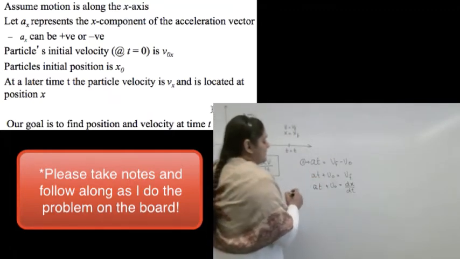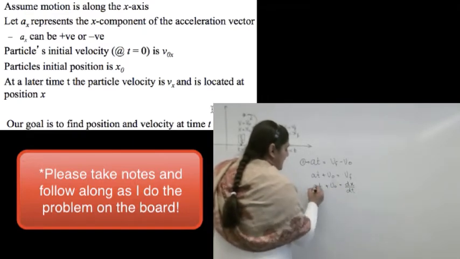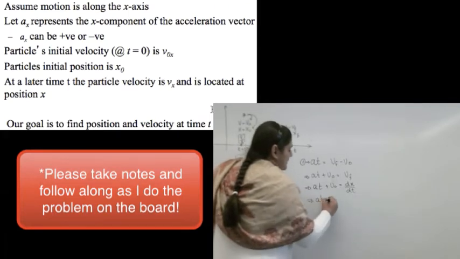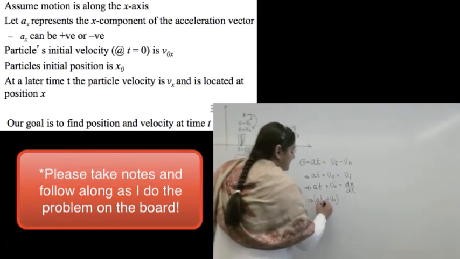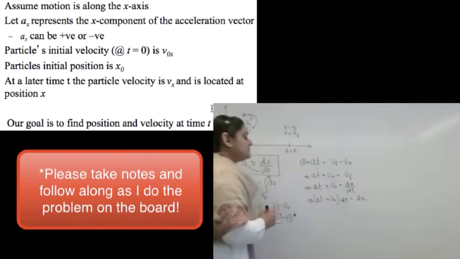Okay? Now what can I do? I can multiply this on this side. So this implies at plus v0 dt will equal dx. Okay?